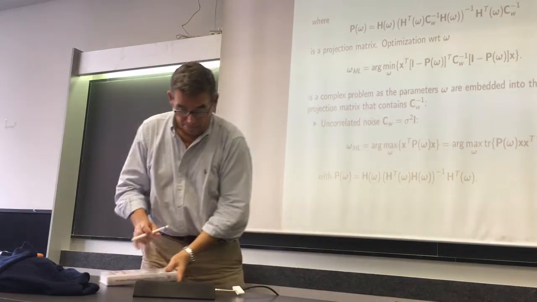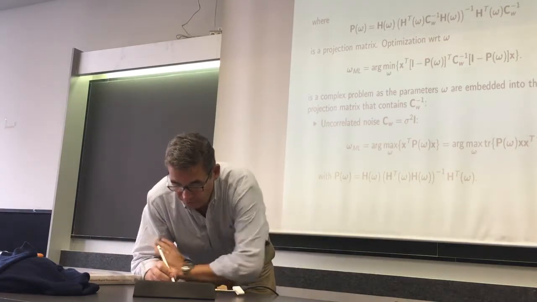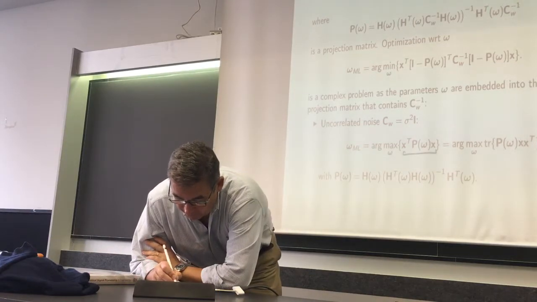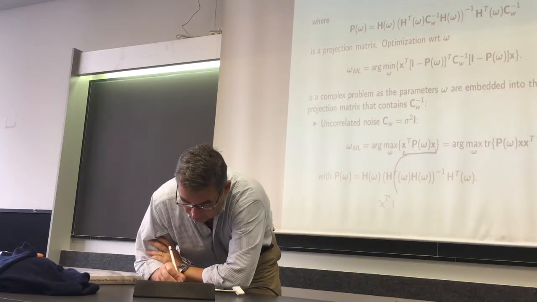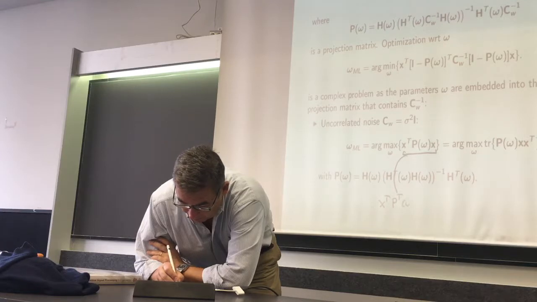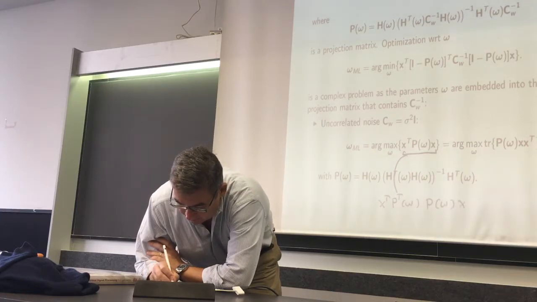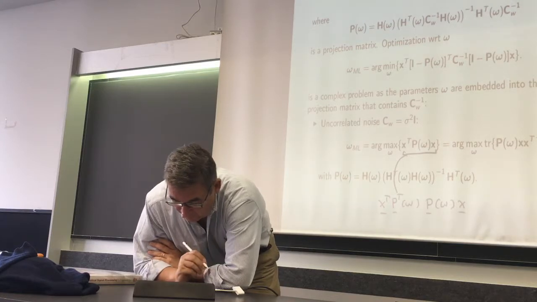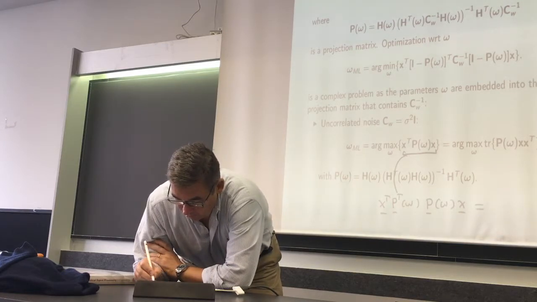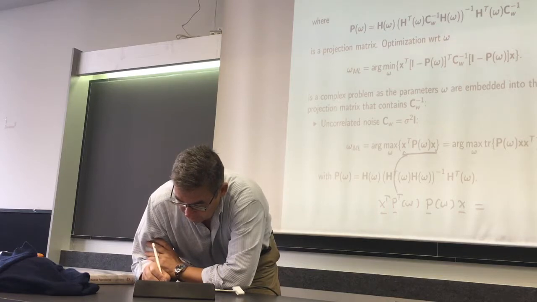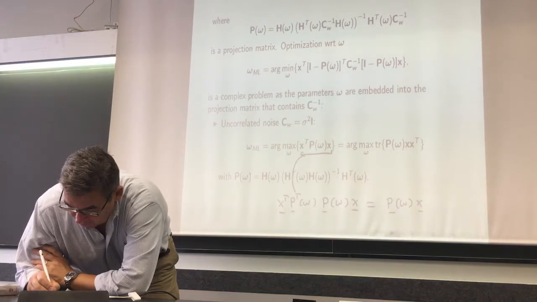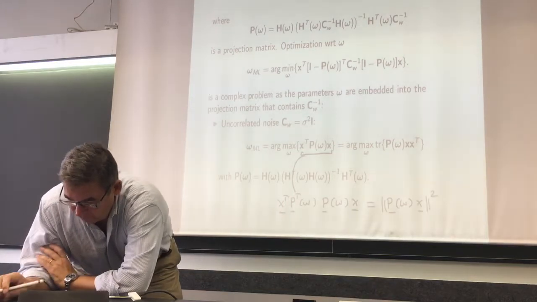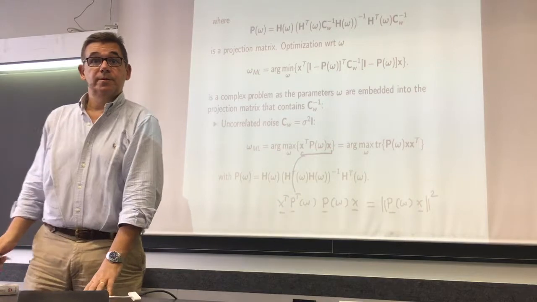Now, let me make one step more. This is equivalent to writing X transpose P transpose omega P depending on omega X. This is equivalent to writing that it is the norm squared of P omega X. Okay? It is the length.